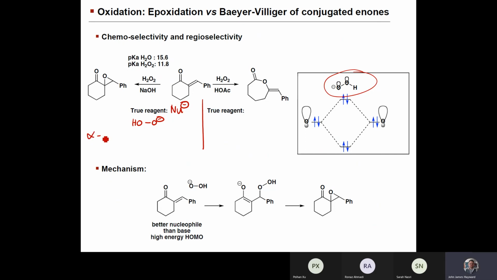So the alpha effect raises HOMO energy, as does deprotonation. Okay, so then the mechanism of this is that O minus attacks in a conjugate fashion. Okay, it's a much better nucleophile than it is a base because of the high energy HOMO.